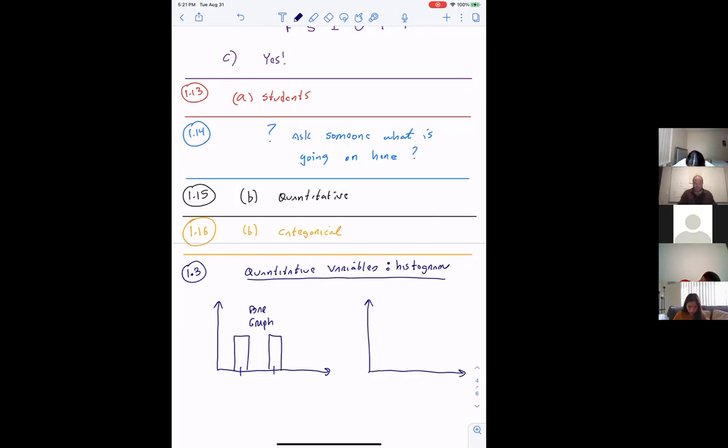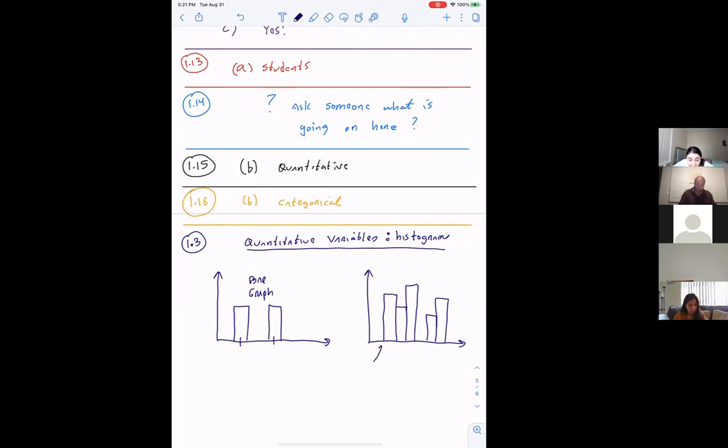For a histogram, we don't have categories because it's not a categorical variable. It's a quantitative variable. So we're going to have bars, but those bars are going to be attached to each other, possibly with gaps, if you don't have any values in that region.